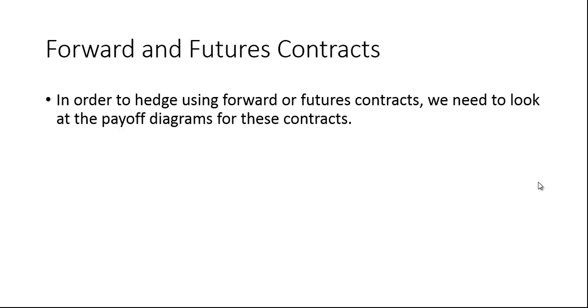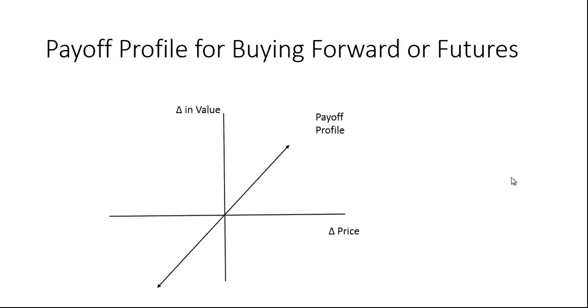So in order to hedge using forward and futures contracts, we need to look at the payoff diagrams for these contracts. In this case, we're buying a forward or futures contract, which basically means that we're buying the commodity for a price today, but we're not going to take delivery until some later date.